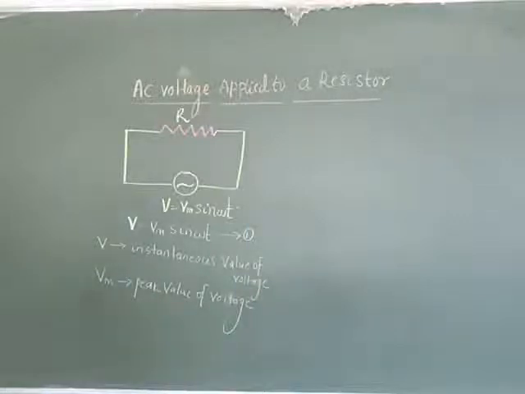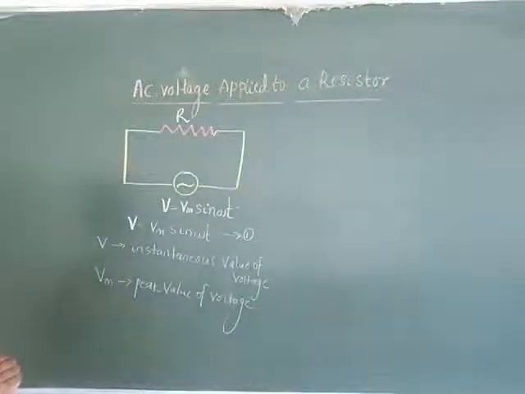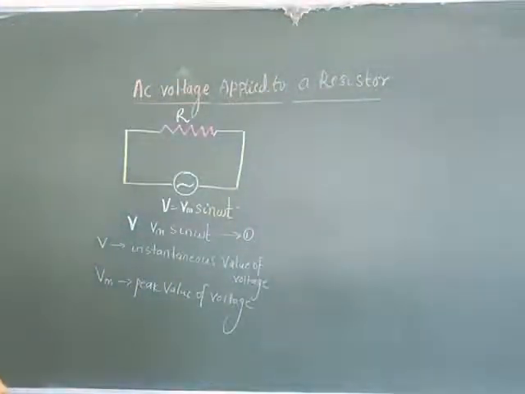When the AC voltage is applied to a resistor, the current is flowing through the resistor, through the circuit. Therefore, I is the instantaneous value of the current flowing through the circuit. Then what is the voltage drop across the resistor? That can be written here according to KVL, that is Kirchhoff's voltage law or Kirchhoff's voltage rule.